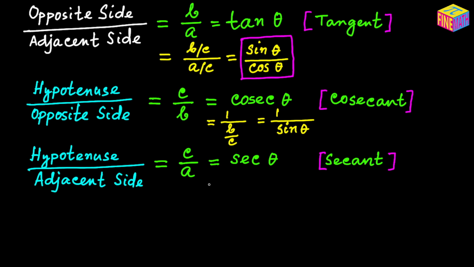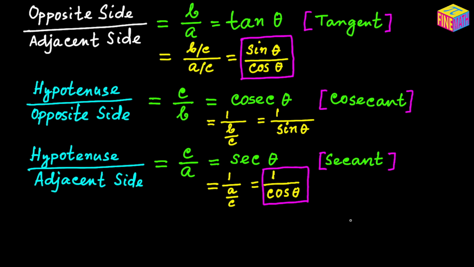If I divide both the numerator and the denominator by C, the numerator becomes 1 and the denominator becomes A divided by C. A divided by C is actually cos theta. So it is 1 divided by cos theta, and that is another important relation that we need to remember: sec theta is 1 by cos theta.